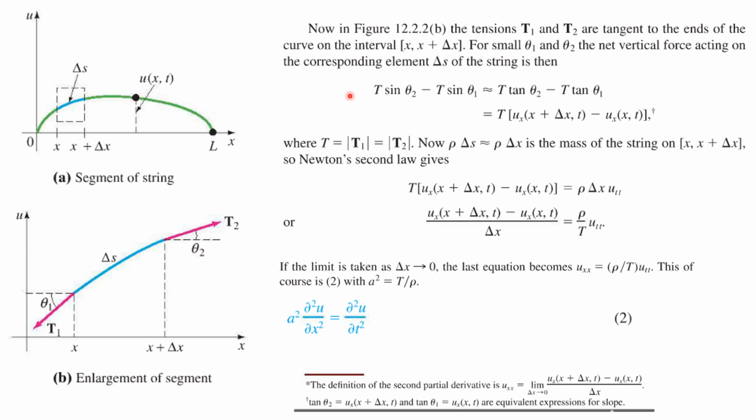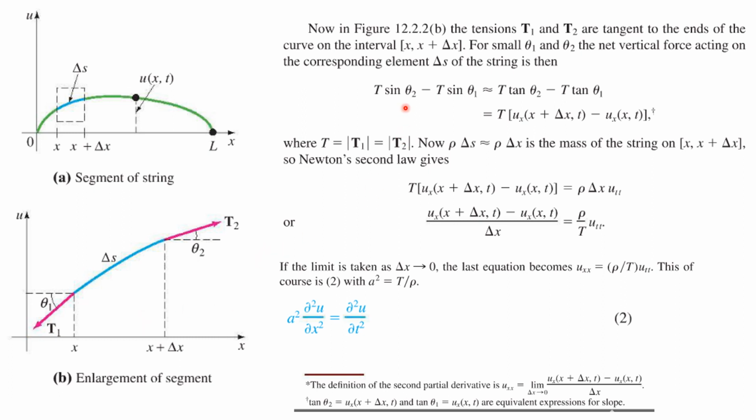Now for small values of theta 1 and theta 2, the net vertical force is the difference between the two of these. So you see, we're talking about the vertical force. This vector has a horizontal component, but also a vertical component going up. This vector has a component going down and a horizontal component going the other way. We're only concerned about the vertical.